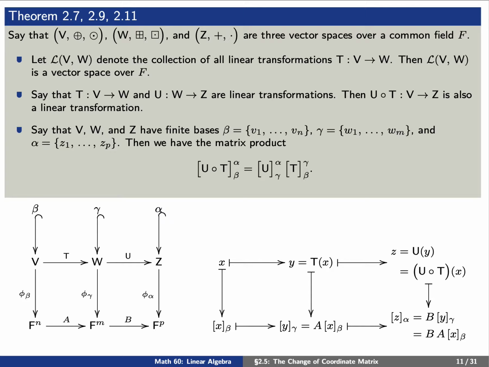If we map T going from x to y, then we simply have a product of a matrix, that is the matrix representation [T]. Similarly, we have a corresponding concept for our linear transformation U. And finally, everything is connected when we look at the composition U circle T. That just corresponds to the matrix product B times A.